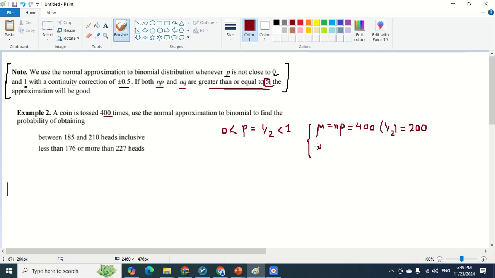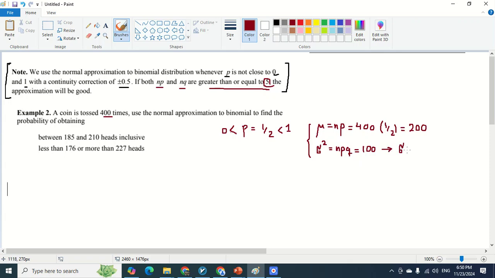Moreover, we can calculate the variance, or sigma square. As you remember, for the binomial distribution, sigma square, the variance, is equal to npq. So we multiply 200 by half, the probability of q, the probability of failure, which is half. The result will be 100, and again it's a variance, so you should calculate the standard deviation.